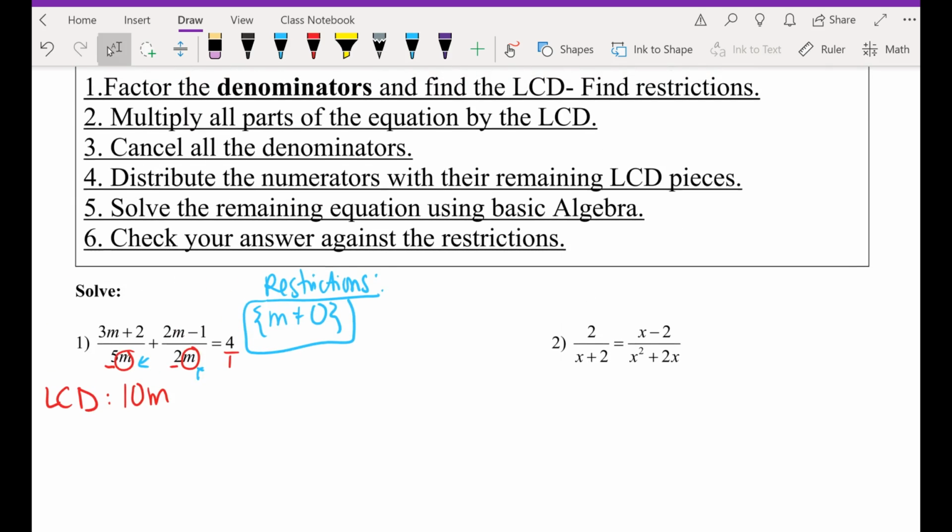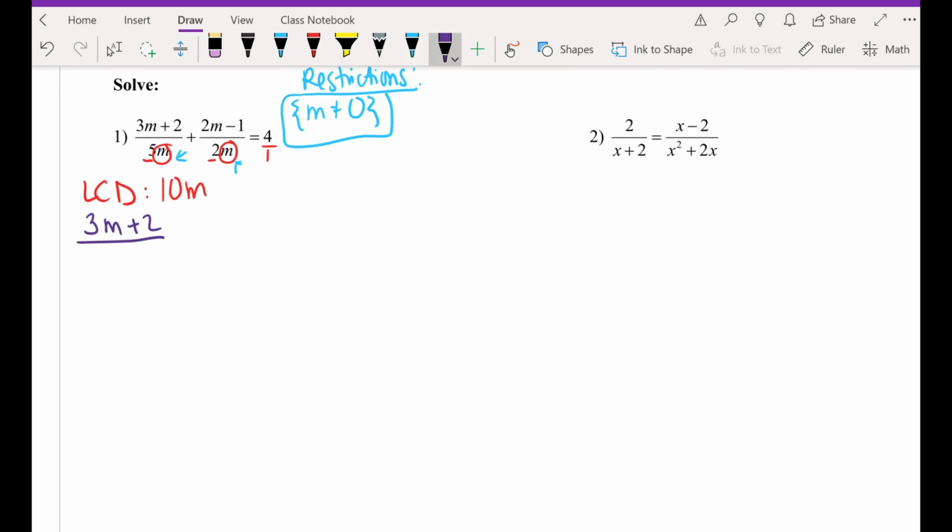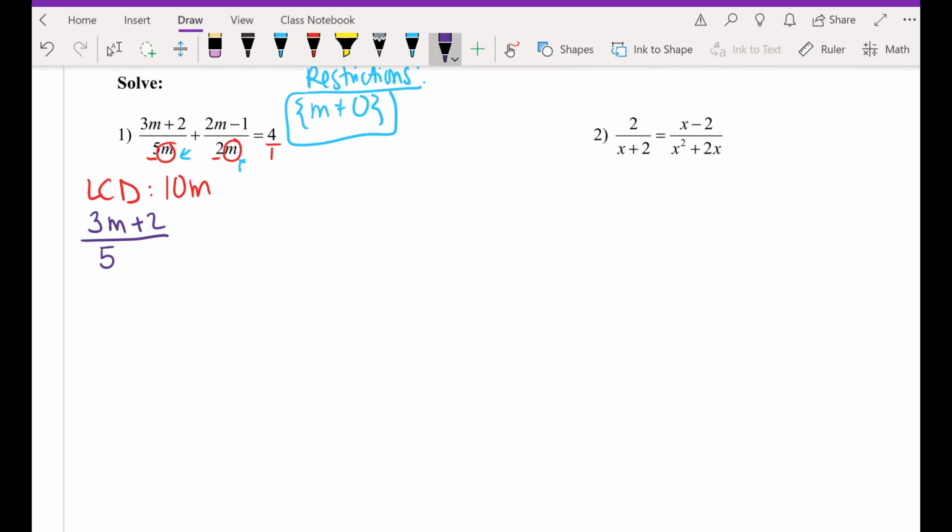Then it says multiply all parts of the equation by the lowest common denominator. So what I'm going to do next is write all the parts over 1 and then multiply by the LCD. So (3m plus 2), since the numerator has more than one term, I'm going to multiply using parentheses, over 1.